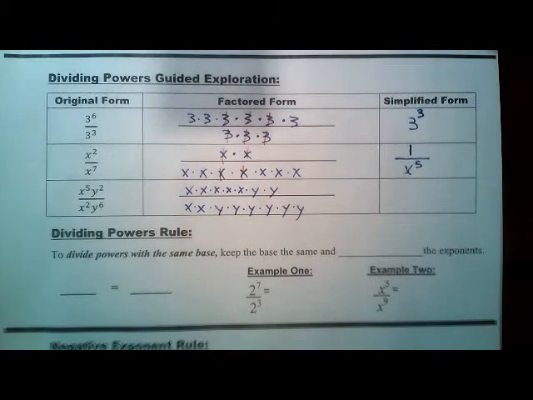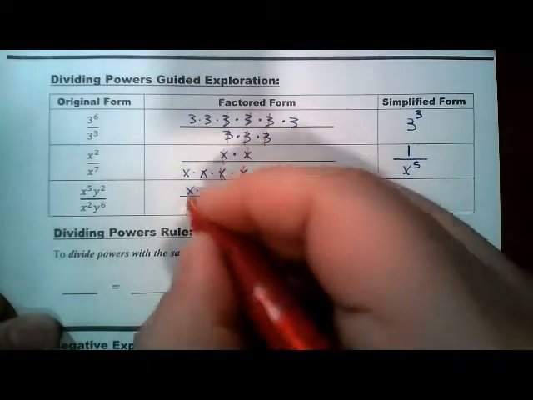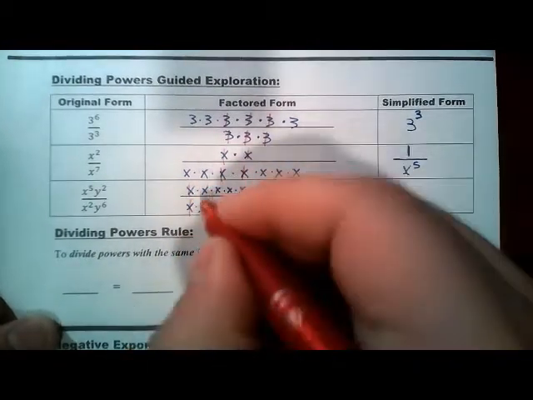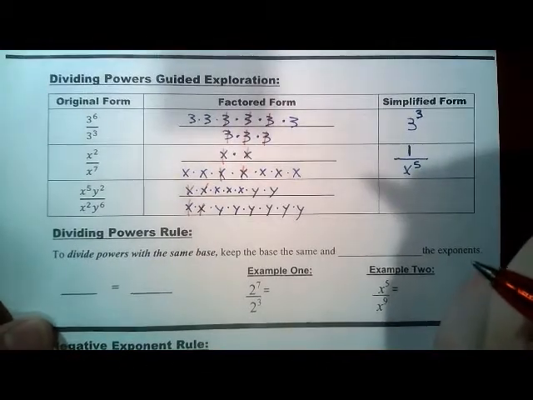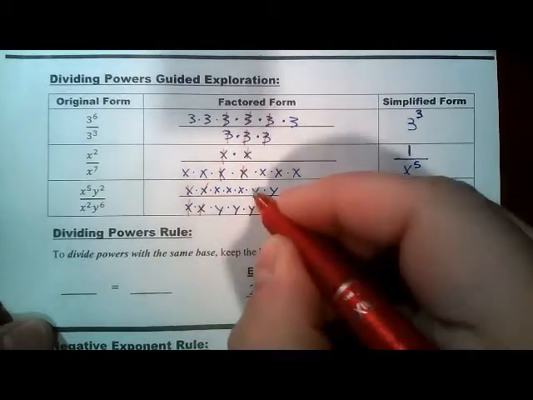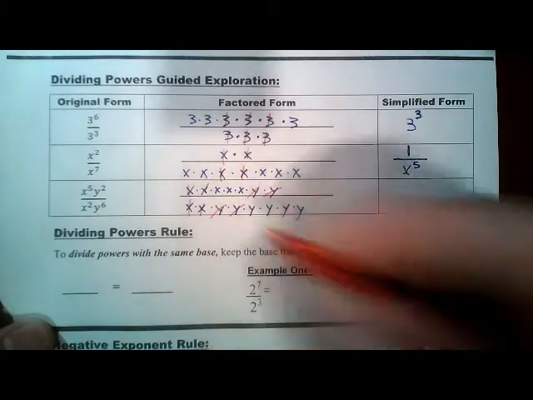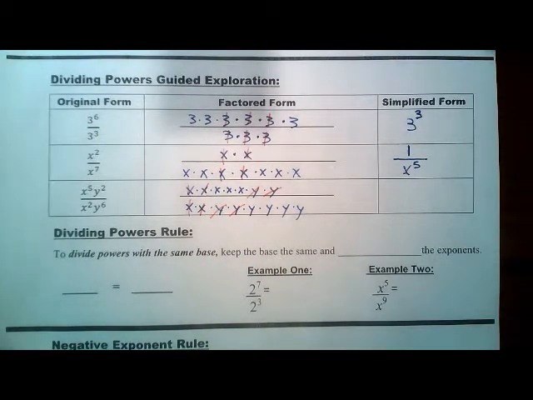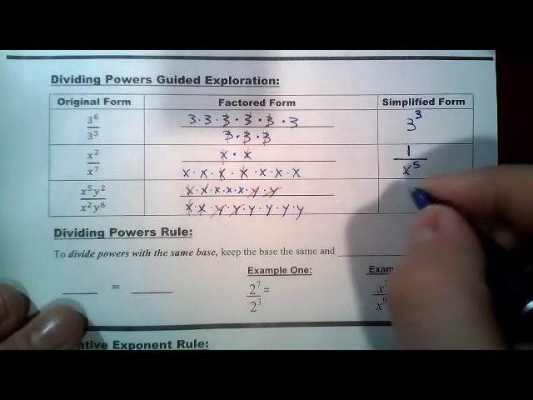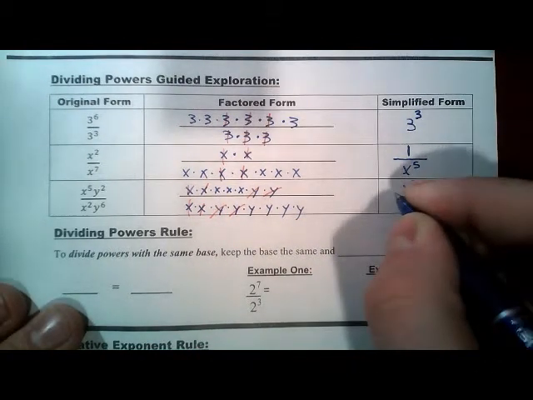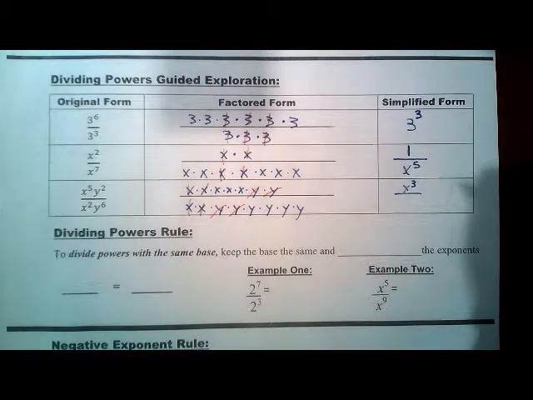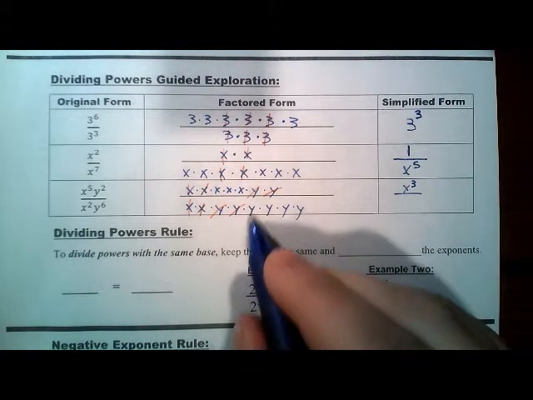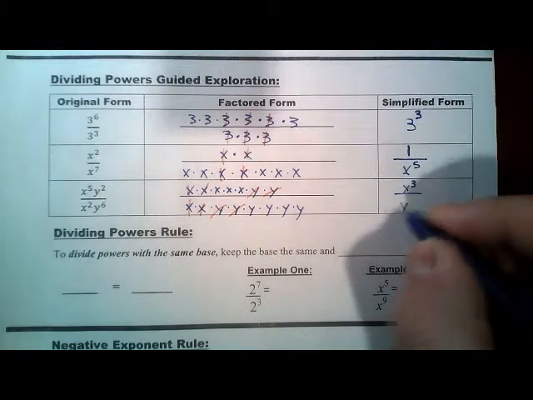And I can start canceling things out. Those are going to cancel. These are going to cancel. No more x's will cancel, but I've got some y's that are going to cancel. So on top, what I have left is x to the 1, 2, 3, x cubed. And in the denominator, I've got y to the 4th.